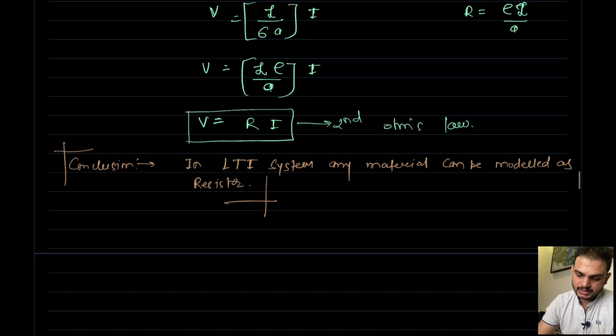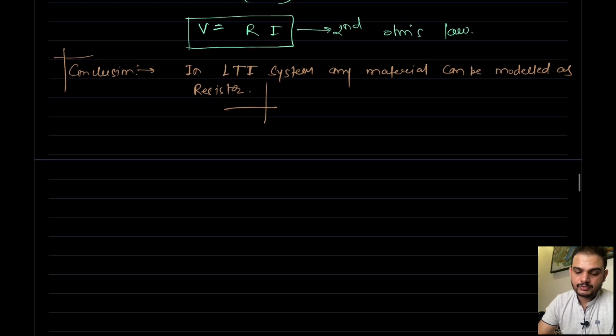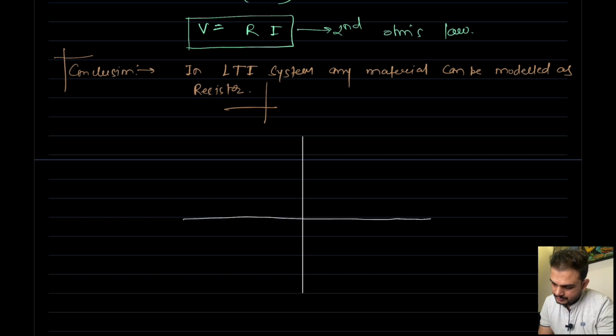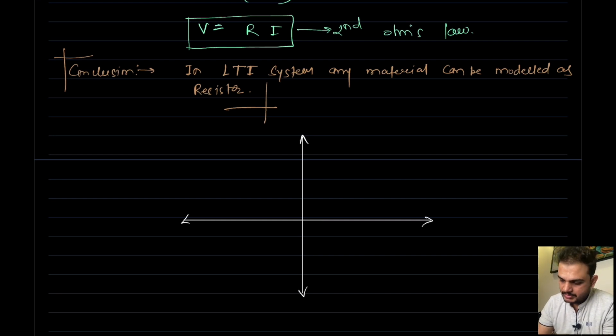Now let's see how we will represent V is equal to IR in graphical form on the VI plane. Let me draw the VI plane here. This is my y axis, this is my x axis. This is my current axis, this is my voltage axis.